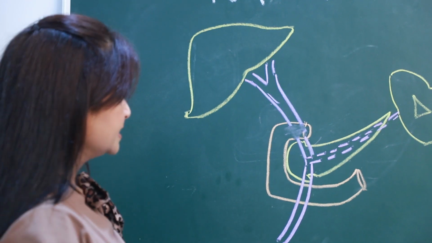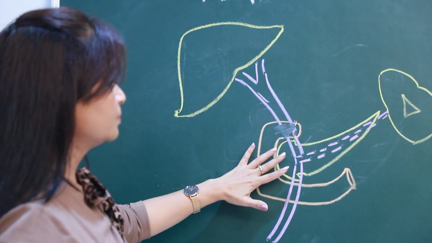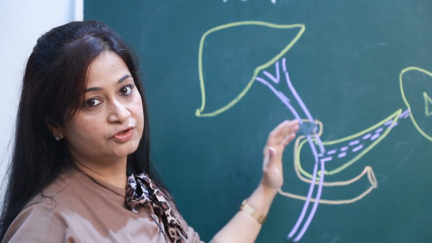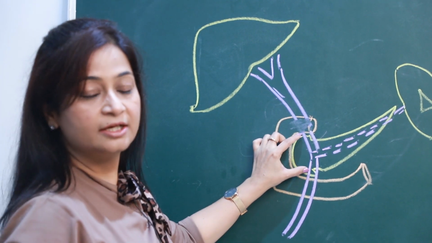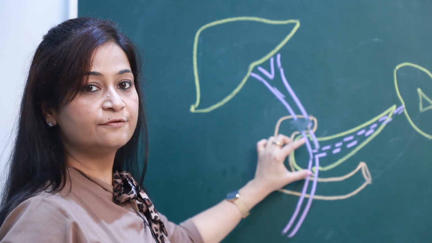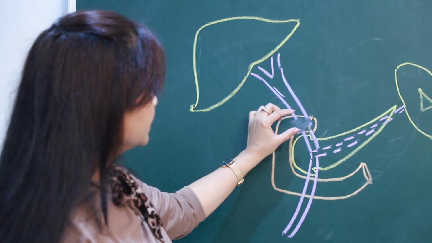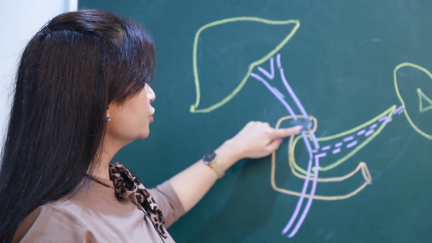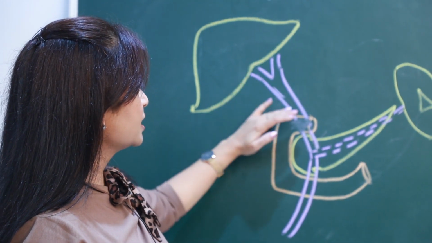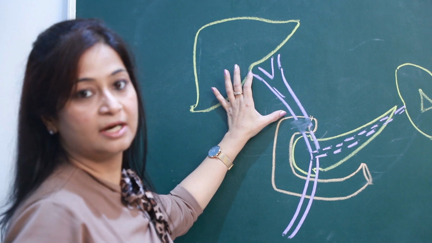So here we can see that the course of the whole portal vein can be divided into three parts. The one lying below the duodenum, this part near its formation, is known as the infraduodenal part. The part lying behind the first part of duodenum is the retroduodenal part, and this part is the supraduodenal part.